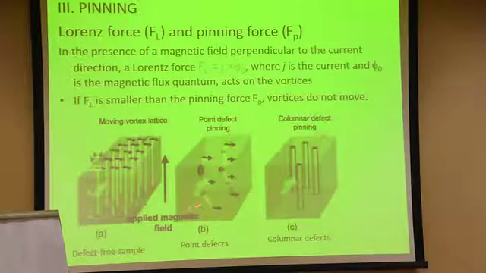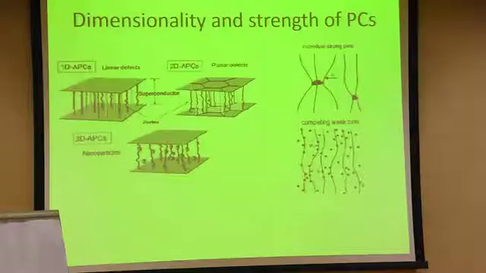So when you apply a current, the vortices get deformed. During this deformation you can have dissipation, but it is not that large because the vortex doesn't move as a whole. We can also have columnar defects, columns threading the whole material, in which the whole vortex accommodates, and the decrease in free energy is the maximum one. But this type of defect is very effective only if the magnetic field is parallel to those defects.